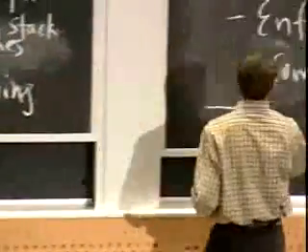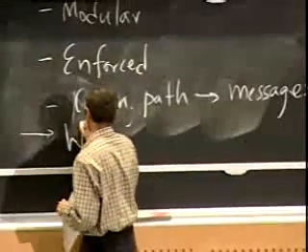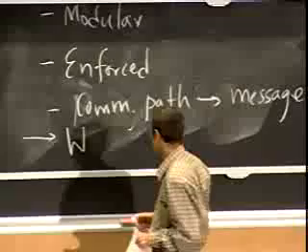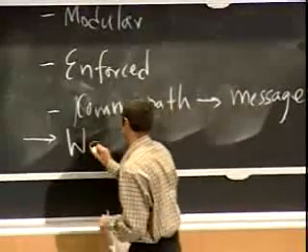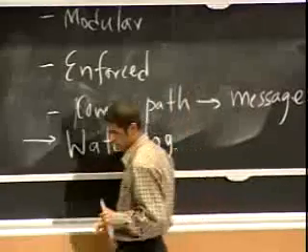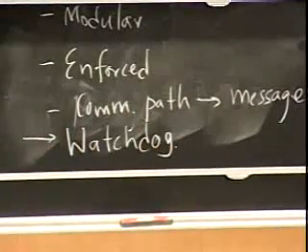And so this organization requires a timer at the client, and there are many names given to this timer. People call them keep alives, or various other names. I'm going to call it a watchdog timer, where the client has to keep track of the service using a watchdog or some kind of timer.